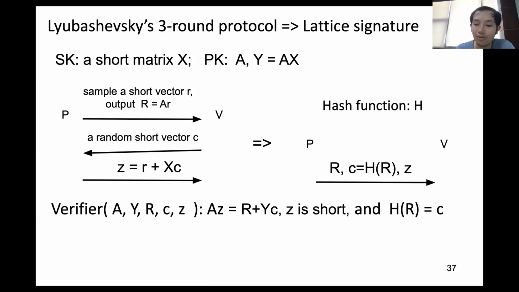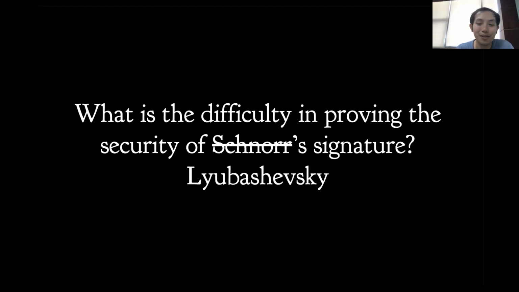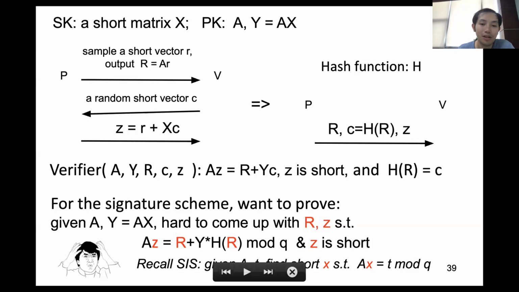So let me now tell you the intuitive difficulty of proving the soundness of Fiat-Shamir for Vadim's protocol. It's exactly the same feature as what we see in Schnorr's protocol, namely that if you rewrite all the variables, you will see that you are supposed to come up with Z and R such that it satisfies an equation, and the unknowns are all over the place.